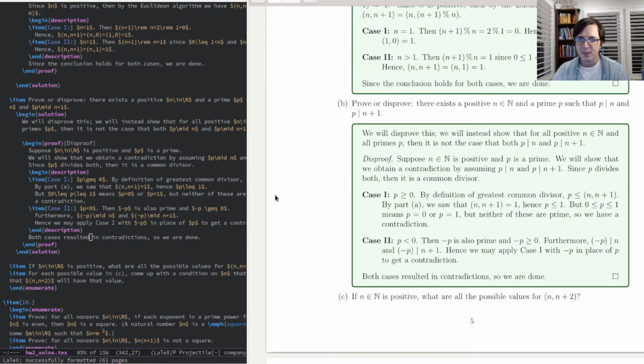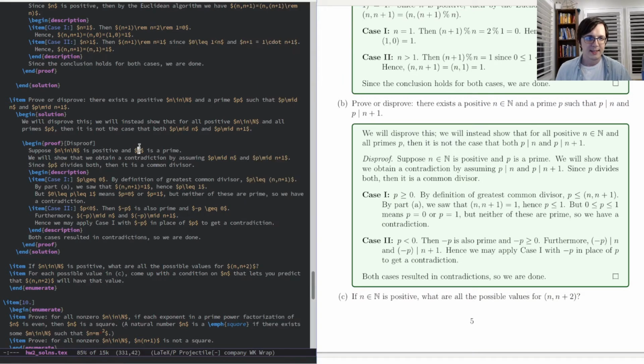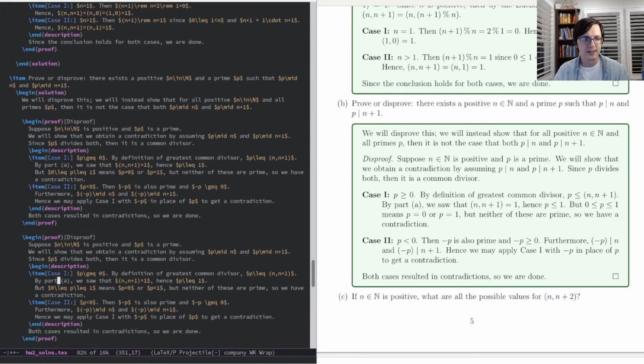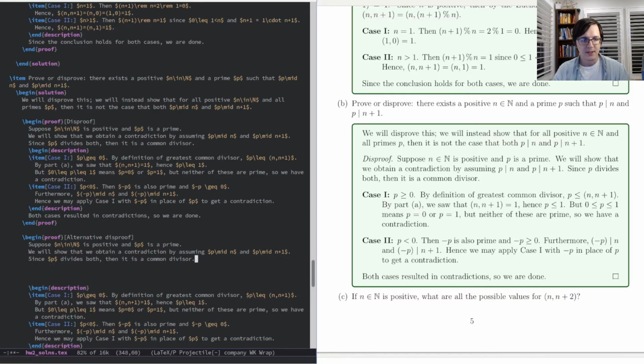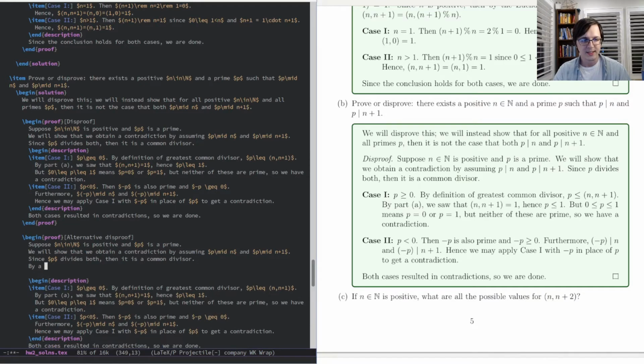Okay, so I was worried about p being negative for this. I guess I'll take this again, and we'll use a different result. It's a common divisor, and by a result from lecture, every common divisor divides the GCD.